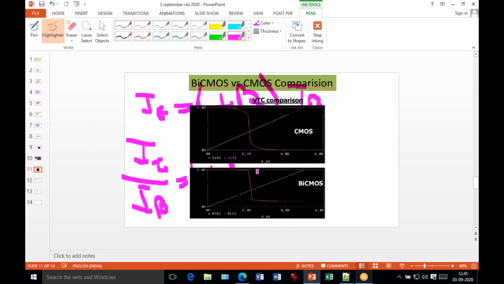Beta is high, then your gain is also very good. This gain parameter is good.